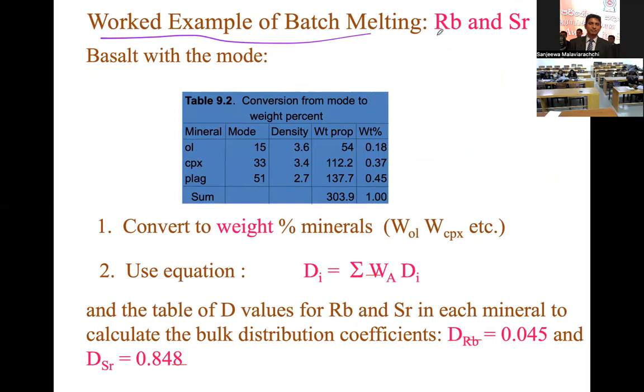Here the example is given for rubidium and strontium. We are given the system also, basalt. This is important because if you are given different partition coefficients, you have to choose exactly which one you have to take.